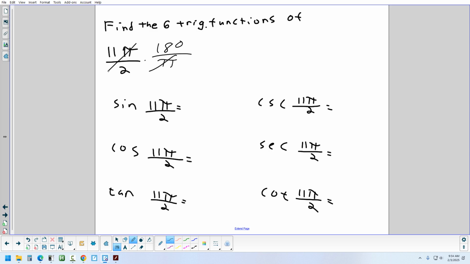And then 2 goes into itself once. How many times does 2 go into 180? 90. What's 11 times 90? 990. Okay, so we've got our angle in degrees now. Why is that angle still kind of hard to think about the coordinate?